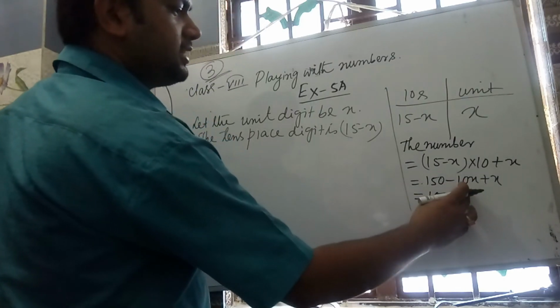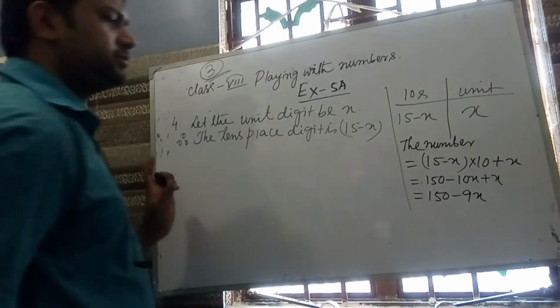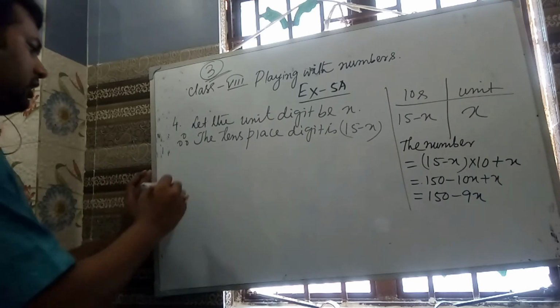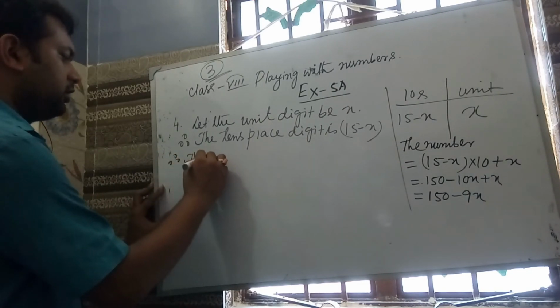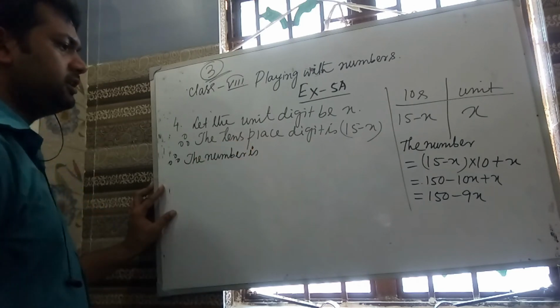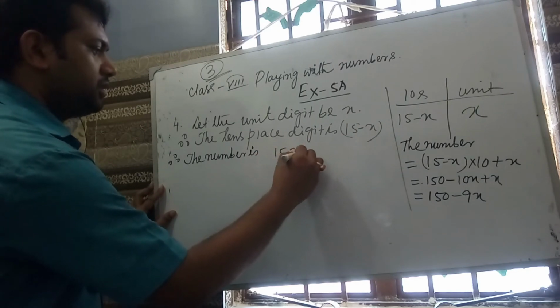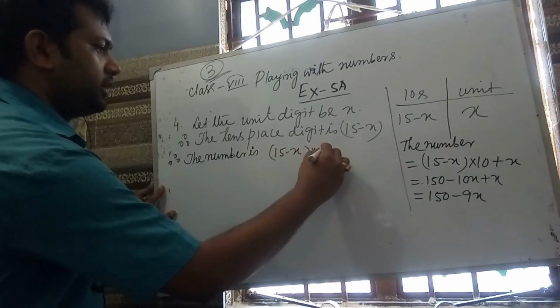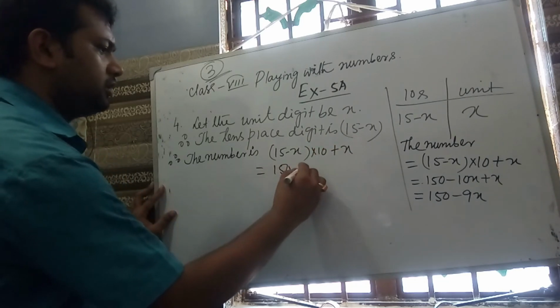It gives you 150 minus 9x. Okay. So therefore write down: the number is (15 minus x) into 10 plus x, that is 150 minus 9x.